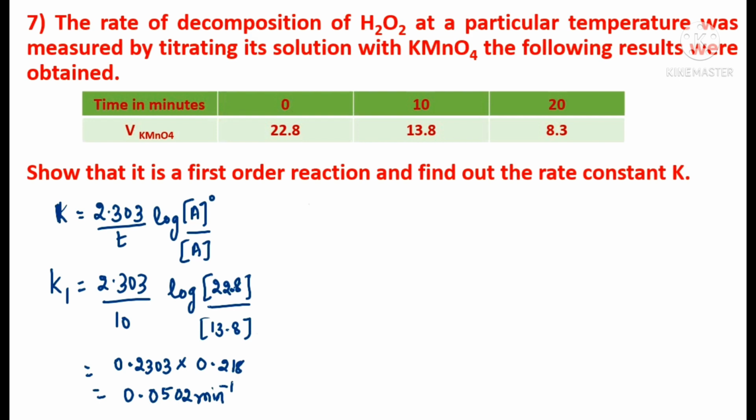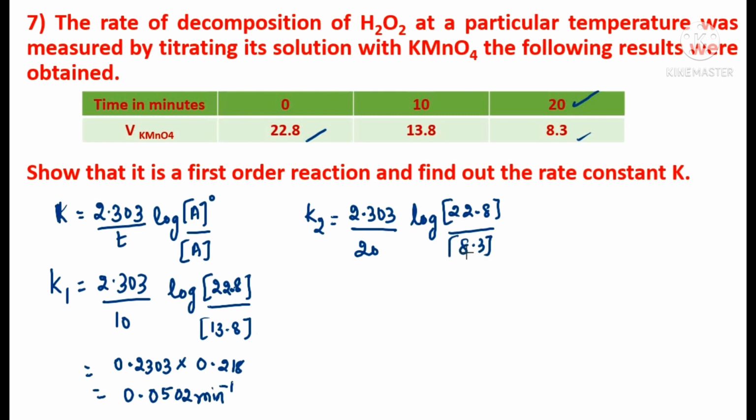Now we are going to find K2, with the same method. So 2.303 divided by the time T2, which is 20, times log of the initial concentration, same 22.8, divided by the concentration at time T2, which is 8.3.